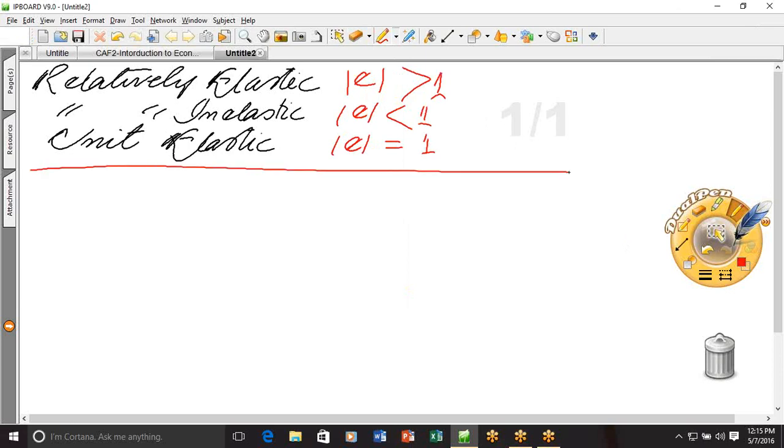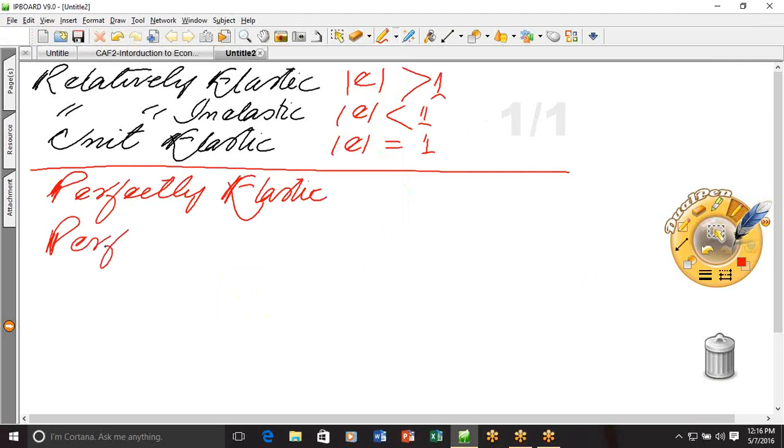और अगर हमारे पास दो इलास्टिसिटी और हैं, एक है perfectly elastic and perfectly inelastic.